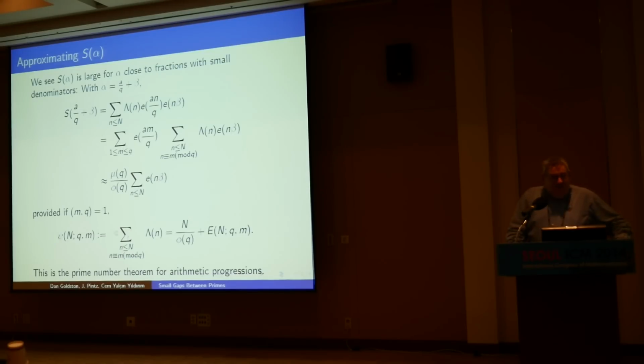So then you have to approximate this exponential sum over primes. And what you'll notice when you do this is that it has spikes near fractions, particularly with small denominators. And the reason that that happens is that the exponential in here can only take on q different values, depending on what n is congruent to mod q.